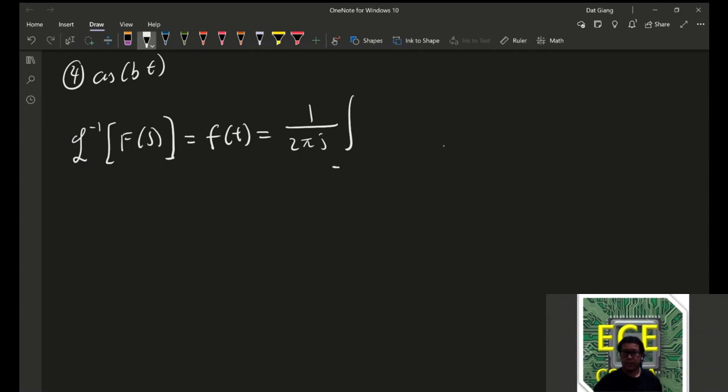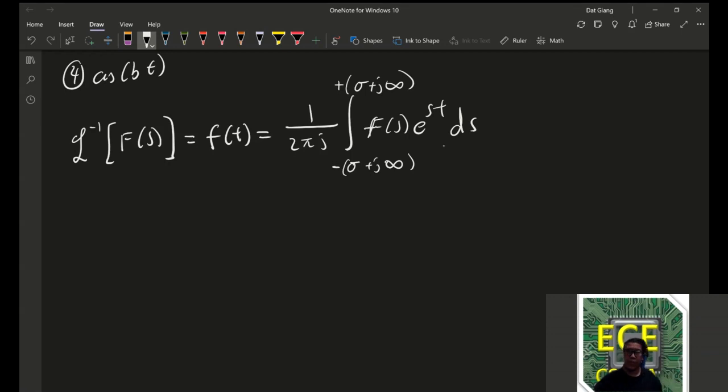So this is the integral from sigma minus j infinity to sigma plus j infinity of F of s e to the st ds.